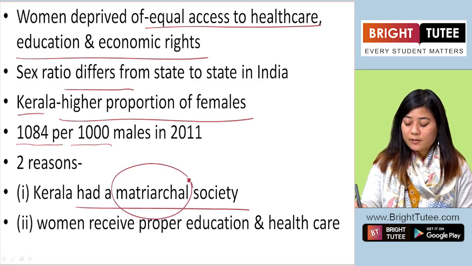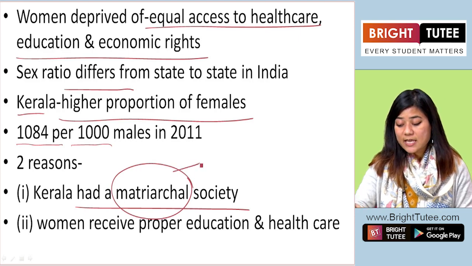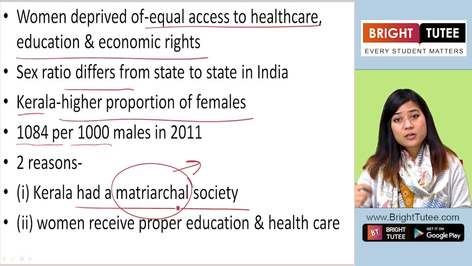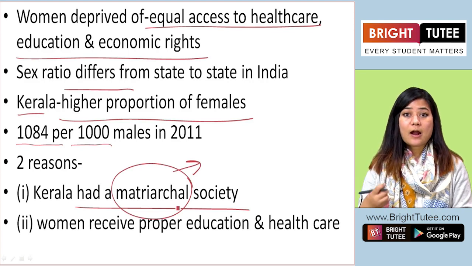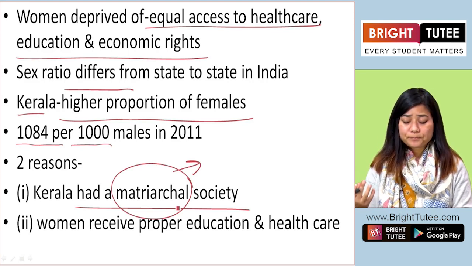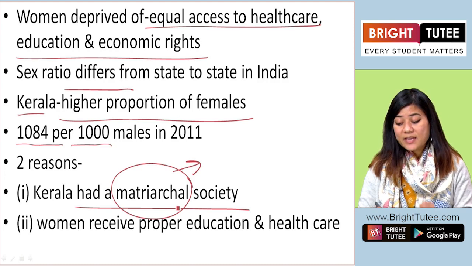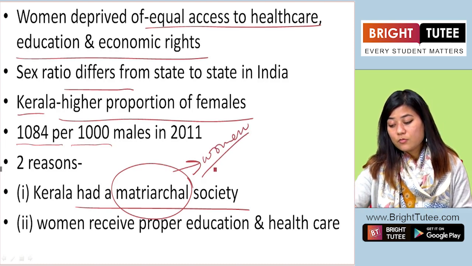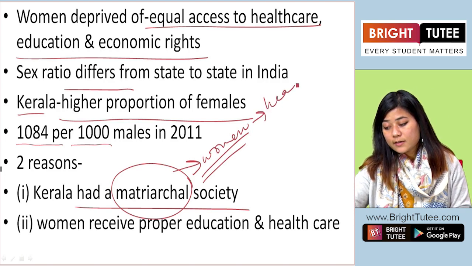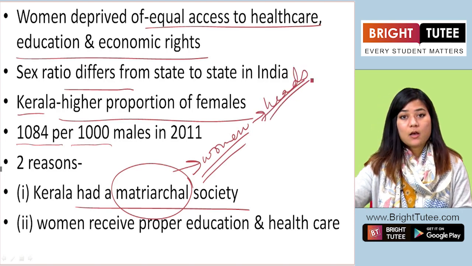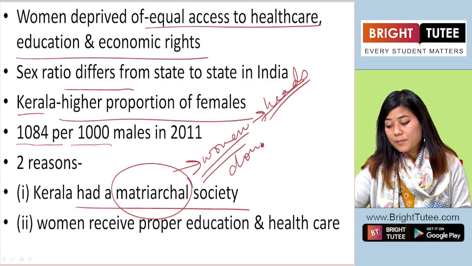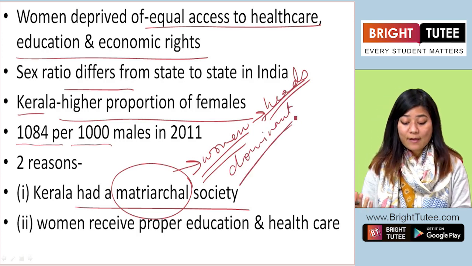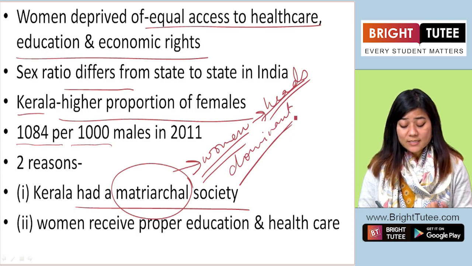A matriarchal society is the opposite of a patriarchal society. In a patriarchal society, men are the heads of the family. In a matriarchal society, it's the women who are heads of the family, who are dominant, who are powerful. So that is one of the reasons.